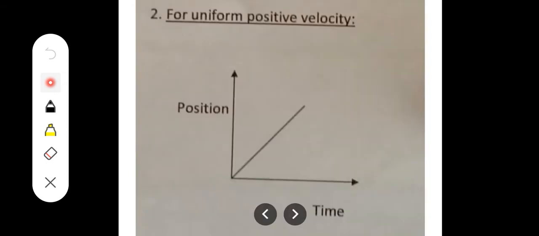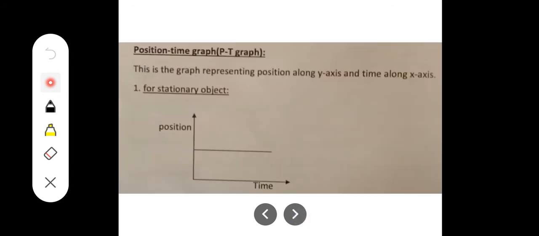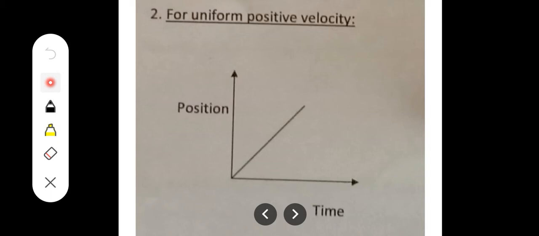Okay. Then you can see the second graph here, that is for uniform positive velocity. Uniform velocity, you understood, right? If an object covers equal distance in equal intervals of time, that is uniform velocity. So here the case is uniform positive velocity. Velocity has got direction. Suppose the object is moving along the positive direction, position will increase, right?